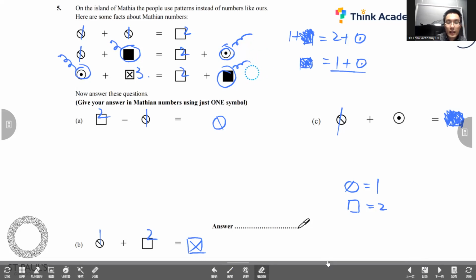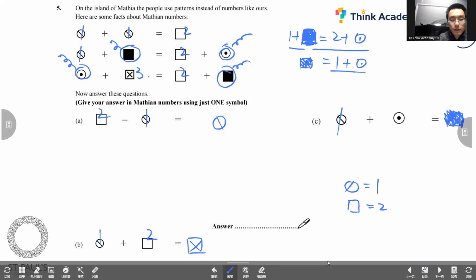From the second equation, we get 1 plus the black square equals 2 plus a dotted circle. This does not help us much, but it gives us a relationship between the black square and the dotted circle. It won't give the exact values, but that relationship will suffice to find the answers for all 3 questions.